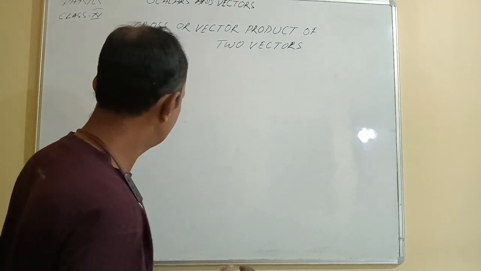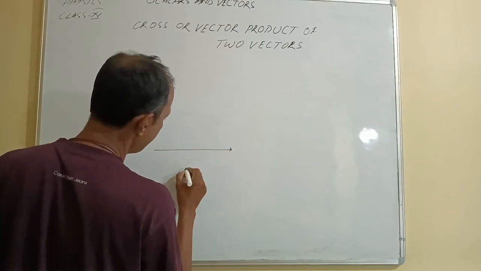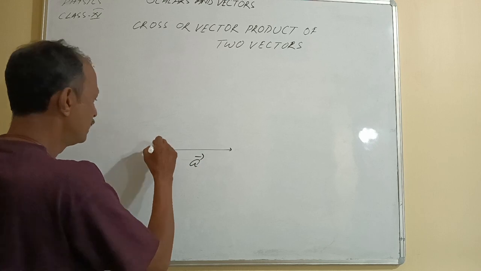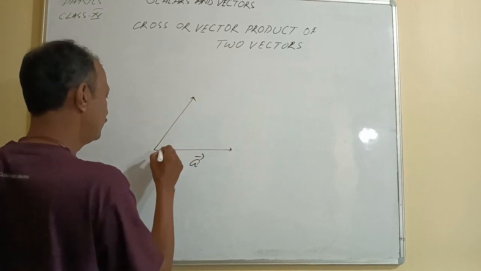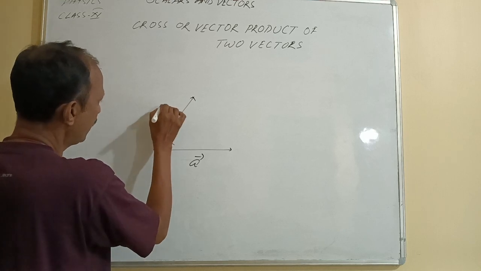What is that right hand thumb rule or right hand rule? Suppose this is the vector A. This is the vector B. This theta is the smaller angle between A and B.